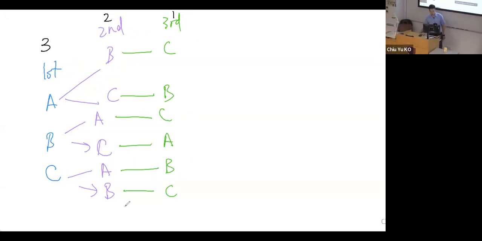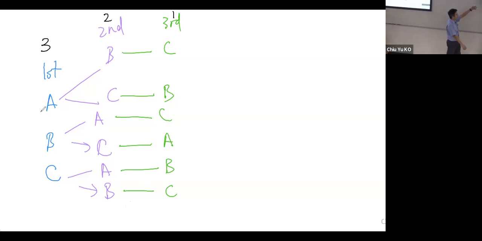So this is the very standard you can see, right? In general, if you have n different ways to do the first one, n minus 1 and n minus 2, and so on and so forth, right? So if you have n people and you want to put them in a line or in a photo, it will become n factorial.